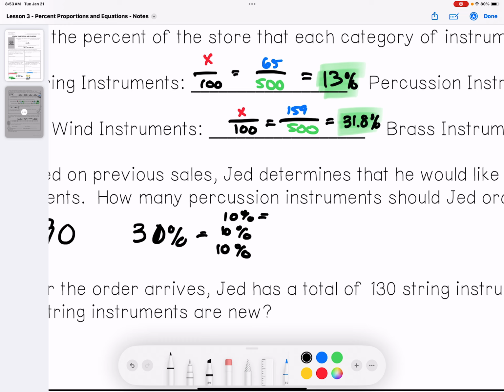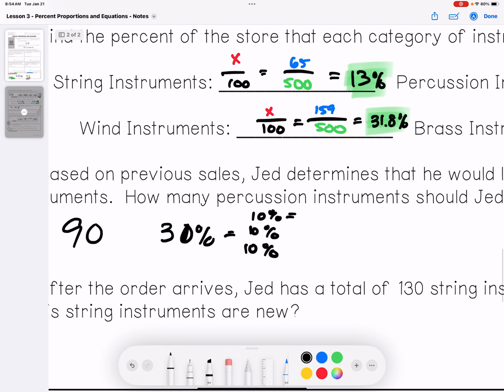If you divide 90 by 10, what are you going to get? How many 10%s are in 100? Ten. So to break down 100% into 10, you just divide by 10. So 90 divided by 10 is 9. So 10% of 90 is 9. And then I do that 3 times and add them up and I get 27.